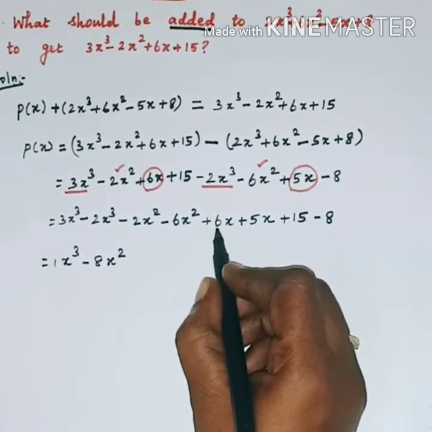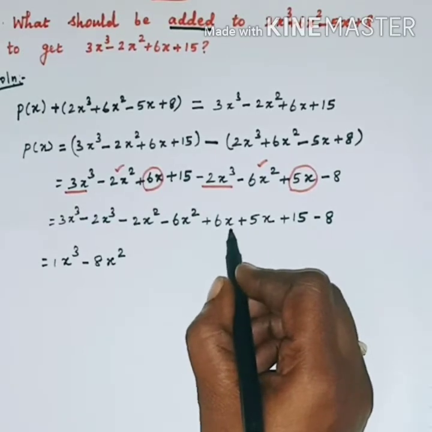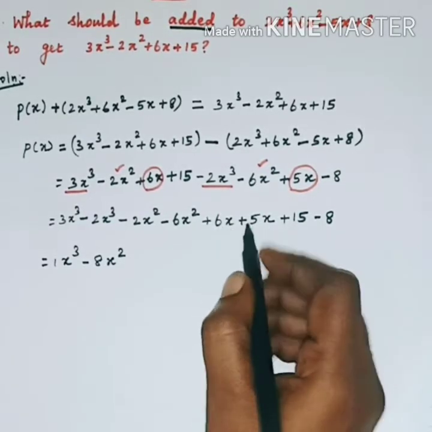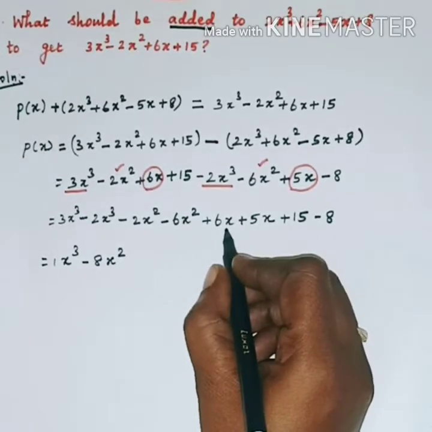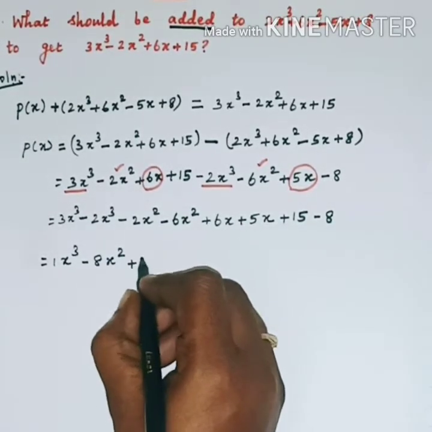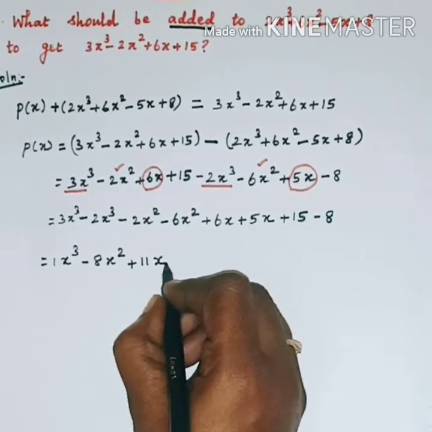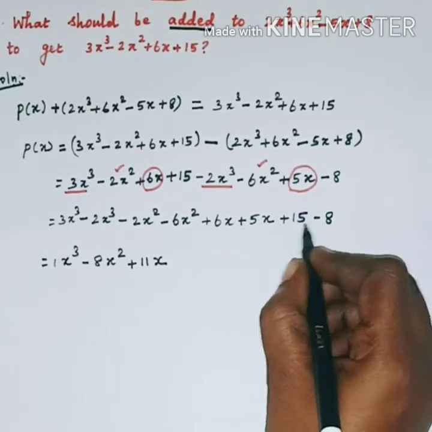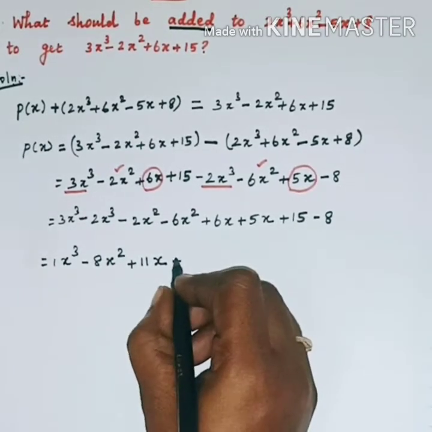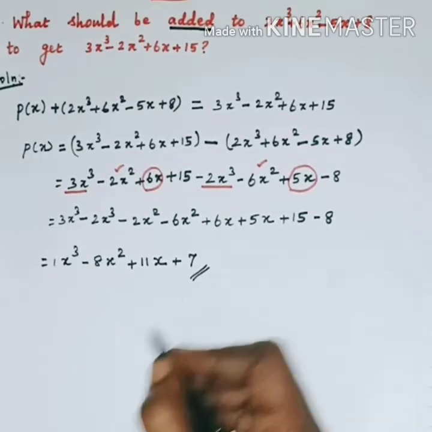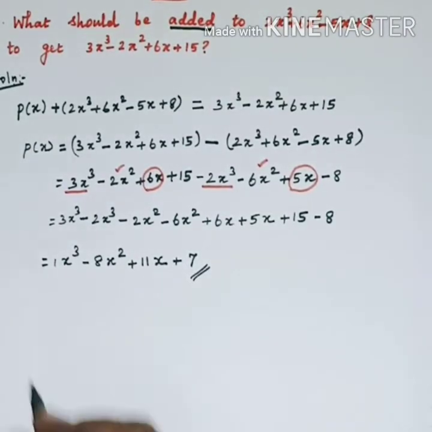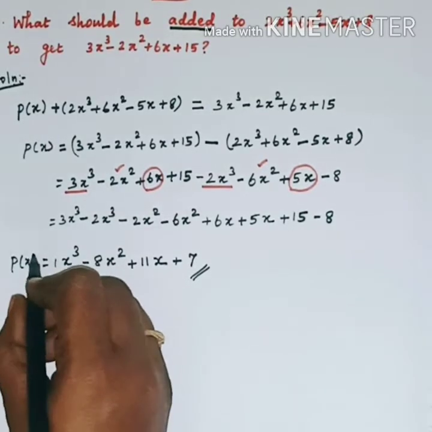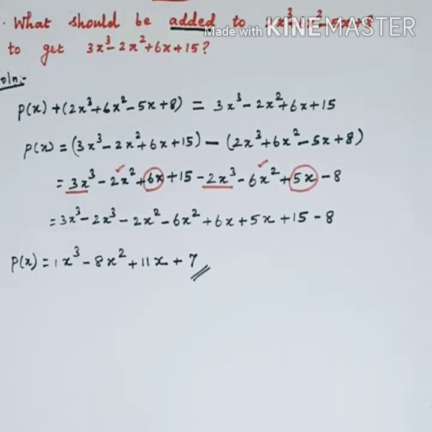Then plus 6x and plus 5x: adding these two terms, 6 plus 5 is 11, so 11x. Then 15 minus 8: subtracting these two constant terms, we have 7. So plus 7. This is the answer for this sum. So the expression for p of x is 1x cube minus 8x square plus 11x plus 7.